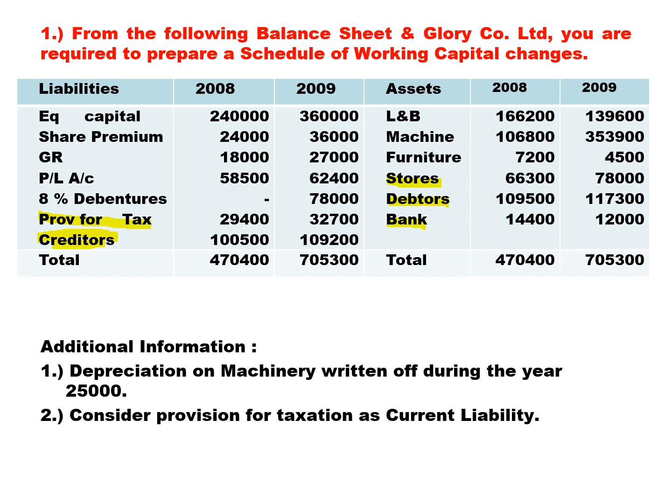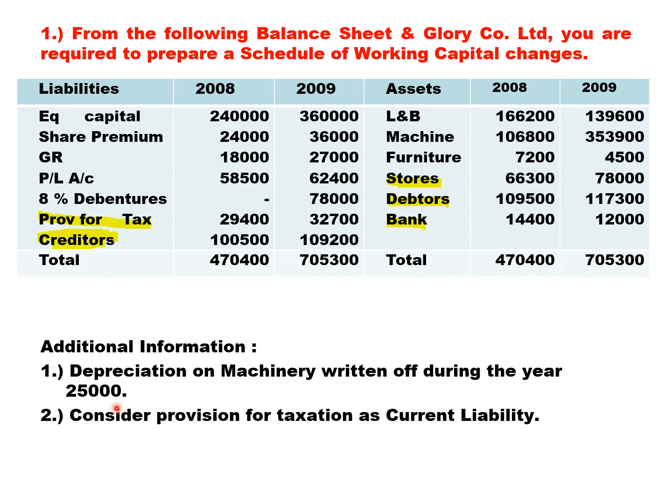Additional information: depreciation on machinery written off during the year, 25,000, ignore. We need to look only into the current assets and current liabilities. All other adjustments like expenses and other incomes will be taken into account in the adjusted P&L account.